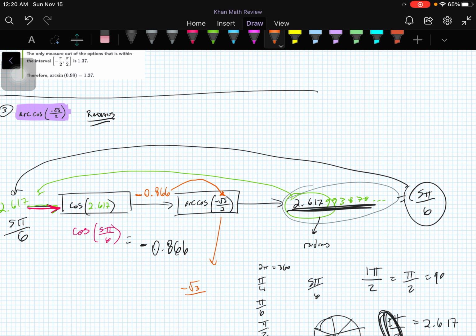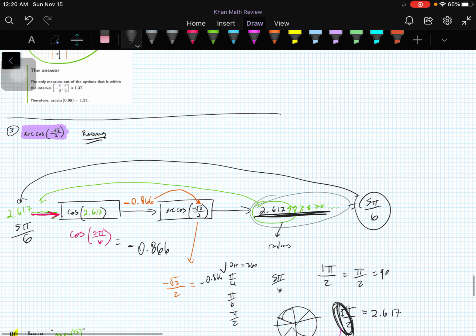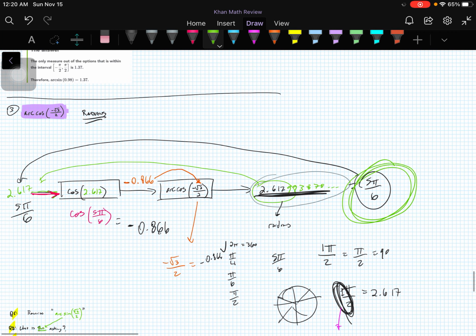Negative square root of 3 over 2 equals, yes, it equals the same, negative 0.866. So it all checks out, guys. The answer was 5 pi over 6, but it all checks out.